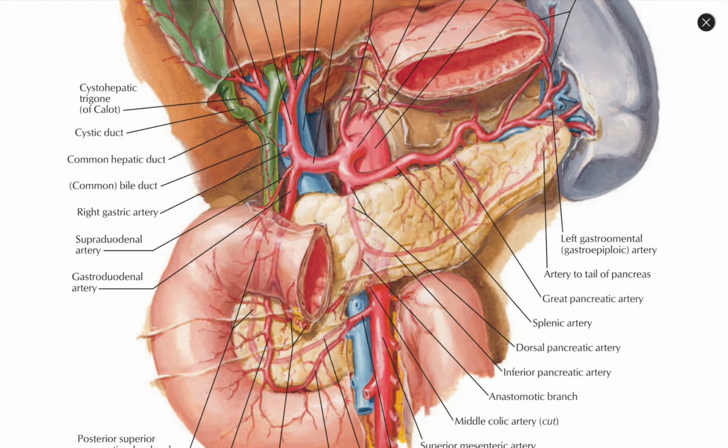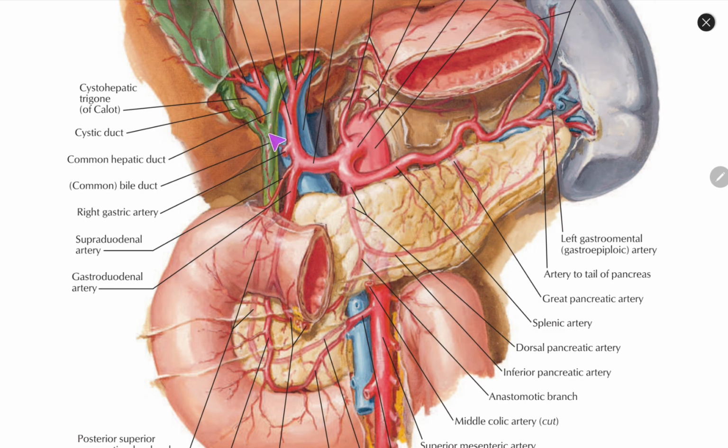What is Passaro's triangle, or the triangle of gastrinoma? It is a triangle formed by 3 points. One point is taken at the junction of the body of the pancreas with head and neck. The second point is taken at the junction of the cystic duct with the common bile duct.